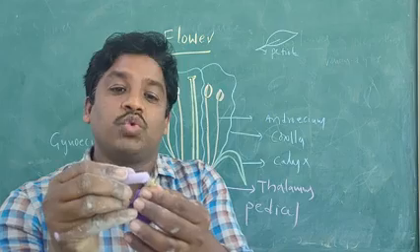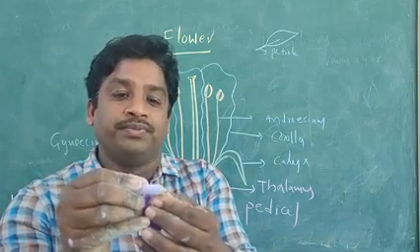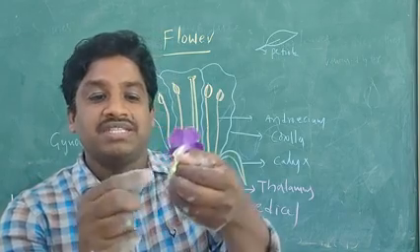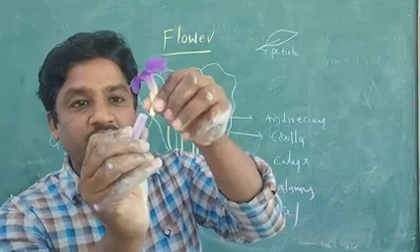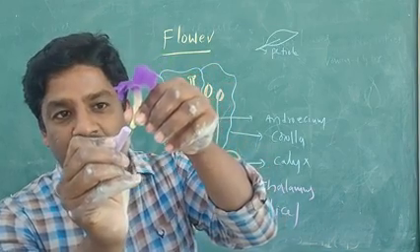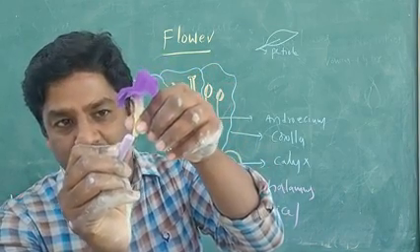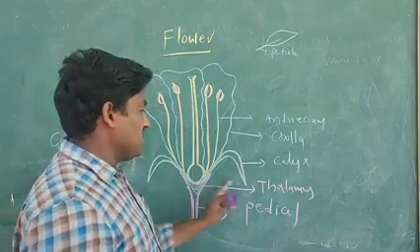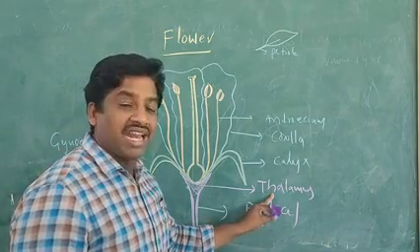See, the swollen portion, this one. This is the pedicel at the tip. You can see the swollen portion. Where I touch that part, that is the swollen portion. Such a swollen portion is what you call the thalamus or receptacle.